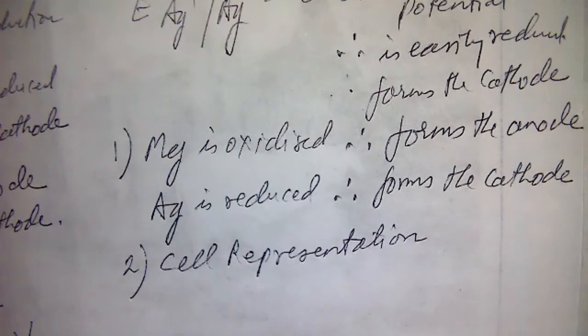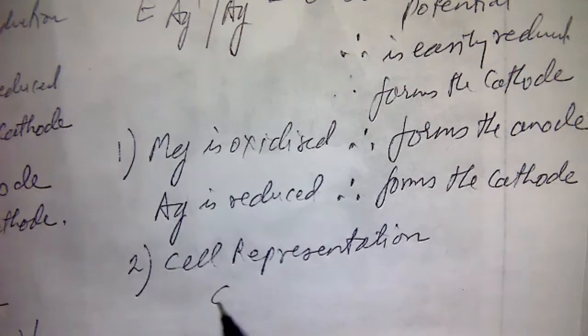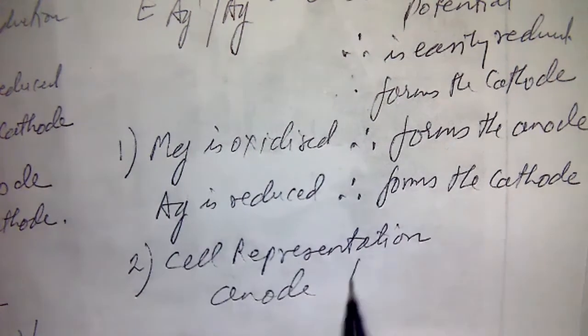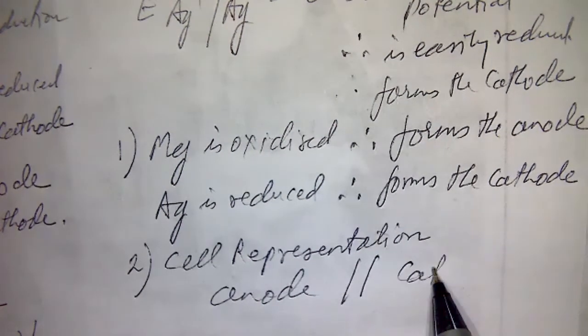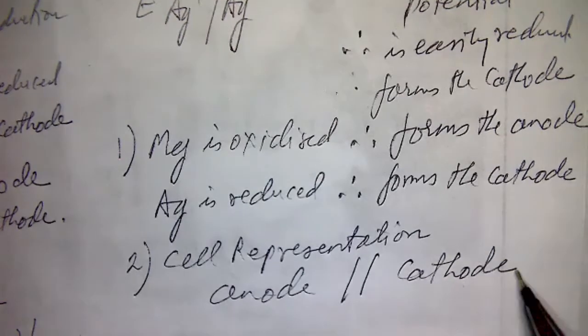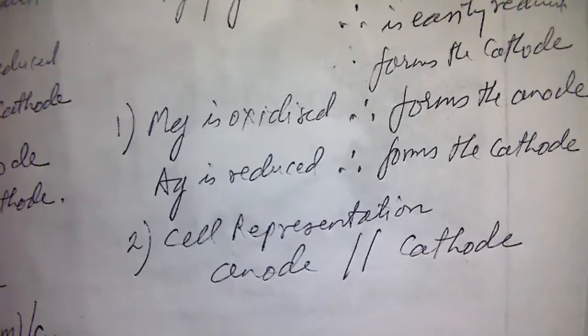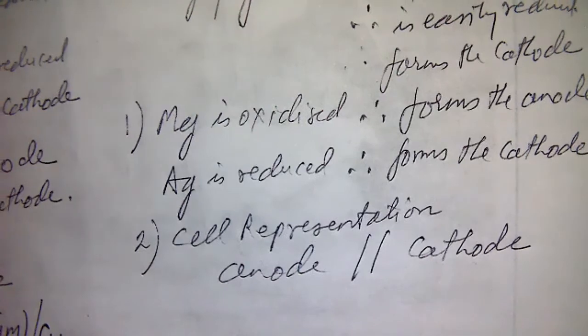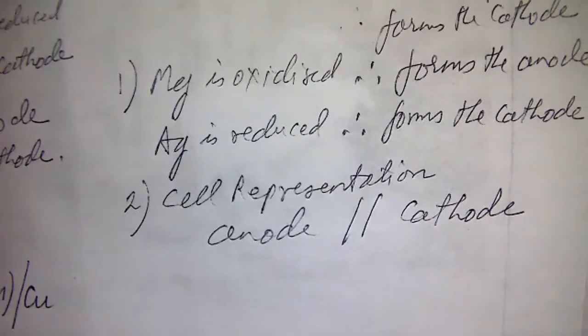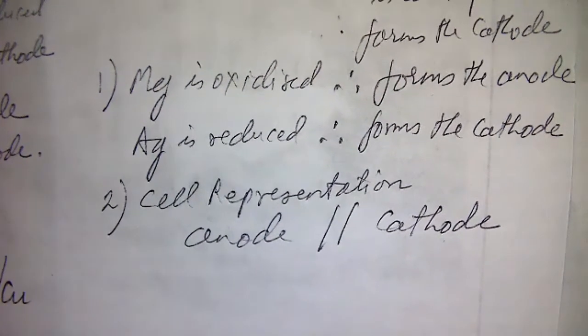How will you write the cell representation? Always the same thing: anode, salt bridge, cathode. So what is the anode?